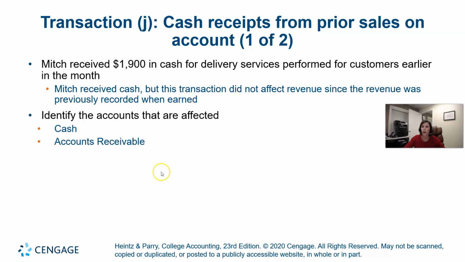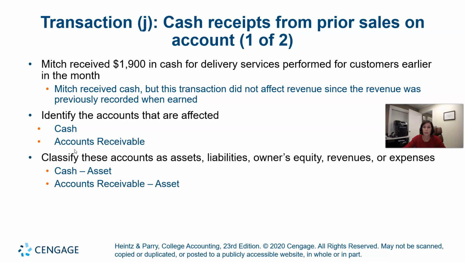Okay, so what we have is cash that's being impacted because remember when we recorded that revenue, we recorded the accounts receivable, but now we're getting the cash. But because we're getting cash, these people are now going to owe us less money than they did before because they're paying off some of what they owe us. So let's look.